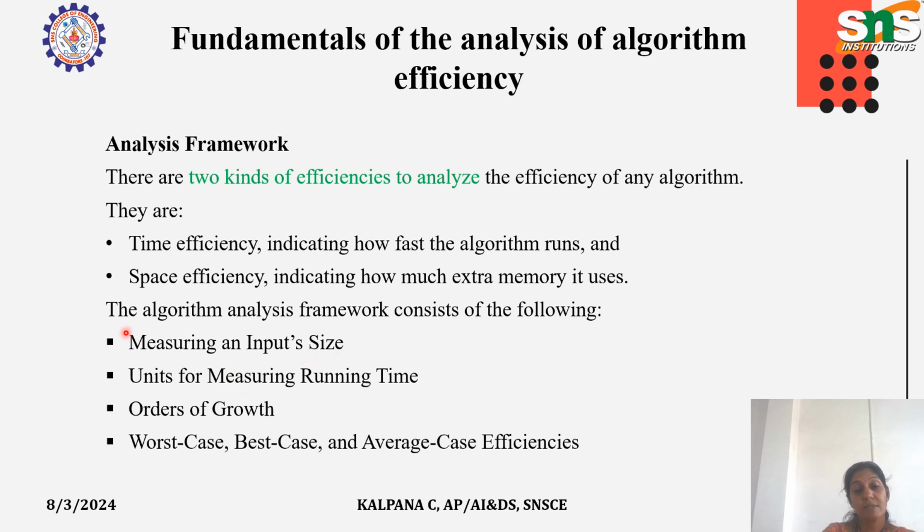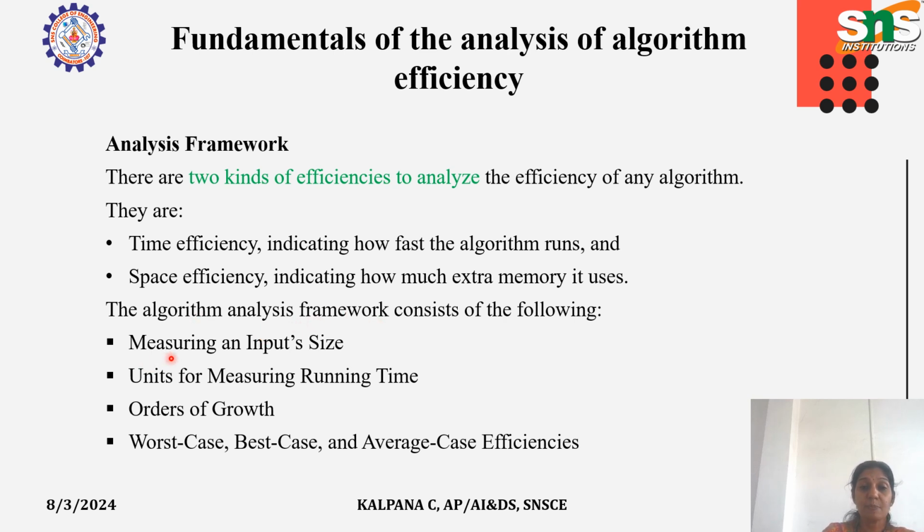The algorithm analysis framework consists of the following: measuring an input size, units for measuring running time, orders of growth, and worst case, best case, and average case efficiencies. These four are important when we talk about algorithm analysis, and they come under the analysis framework.